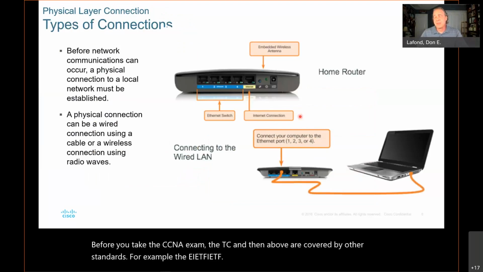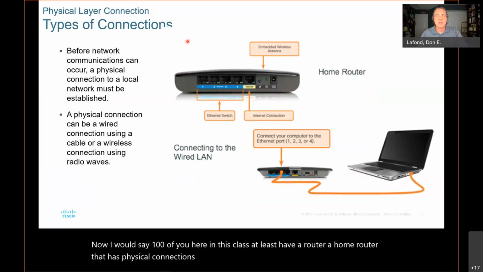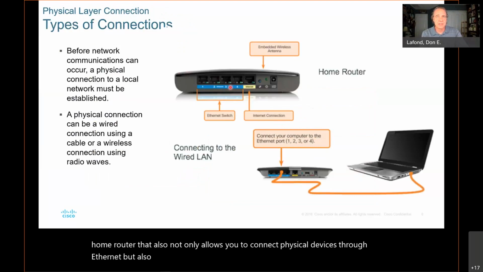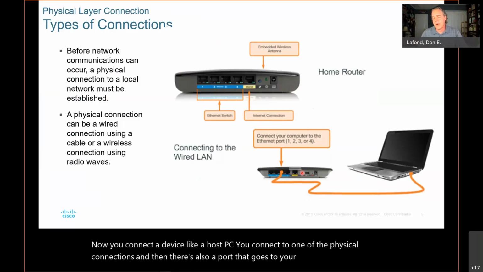Now, I would say 100% of you in this class have a home router that has physical connections. You probably also have a wireless connection on your home router that not only allows you to connect physical devices through Ethernet, but also allows you to send a wireless connection. You connect a device like a host PC to one of the physical connections, and then there's also a port that goes to your ISP through their router.